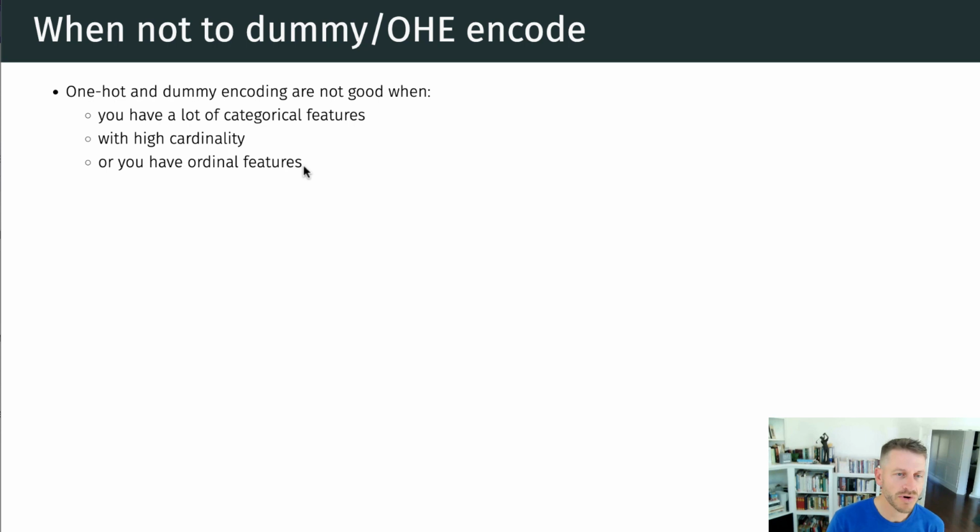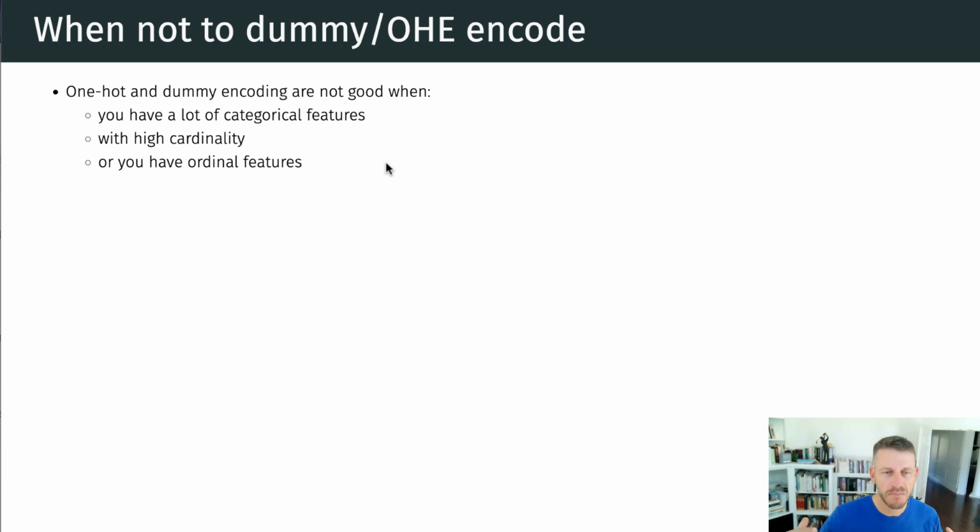Or if we have ordinal features. Now, we're going to get to ordinal features in just a second, but the main thing to think about is when we have a lot of categorical features, or our categorical features have many levels, the problem with dummy encoding and one-hot encoding is that it makes our features extremely wide.